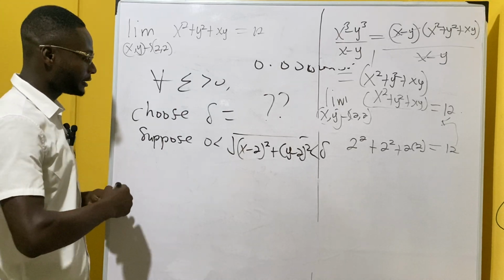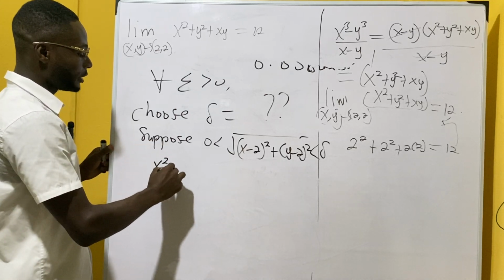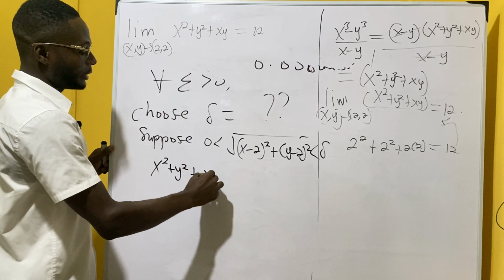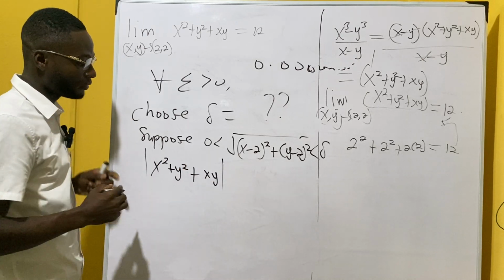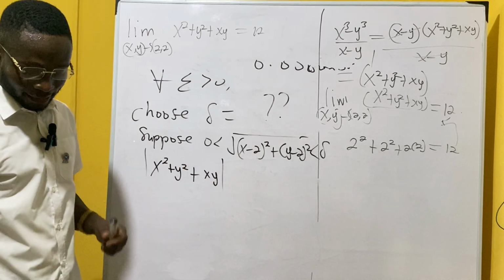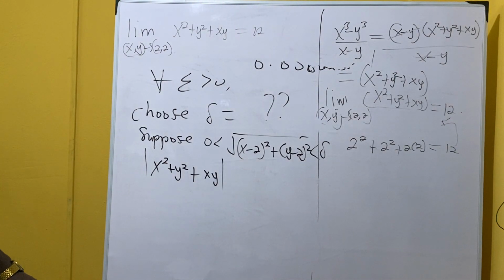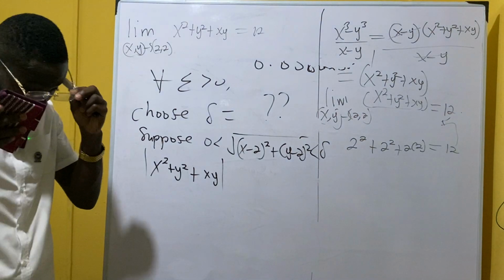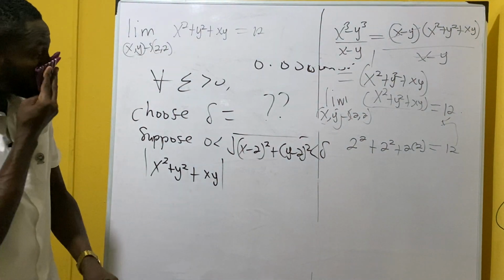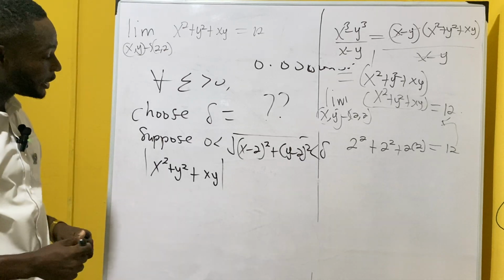So what we have right here means that the absolute value of x squared plus y squared plus xy, because we don't need negative values.